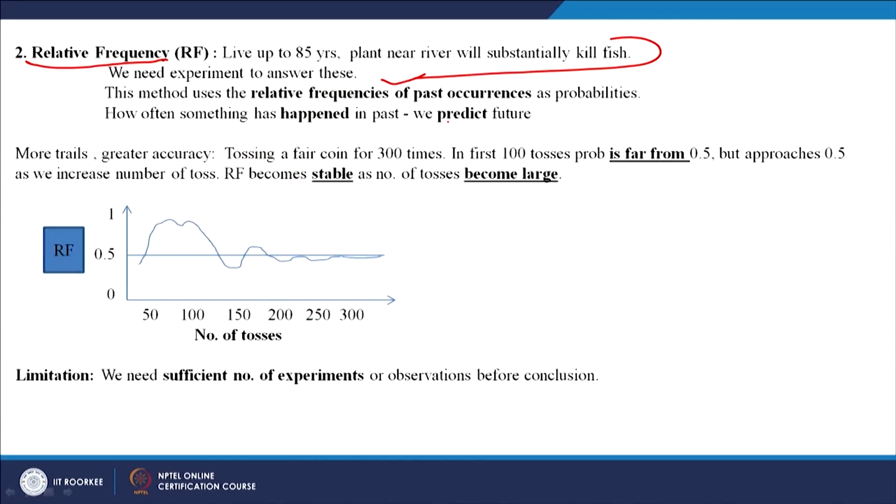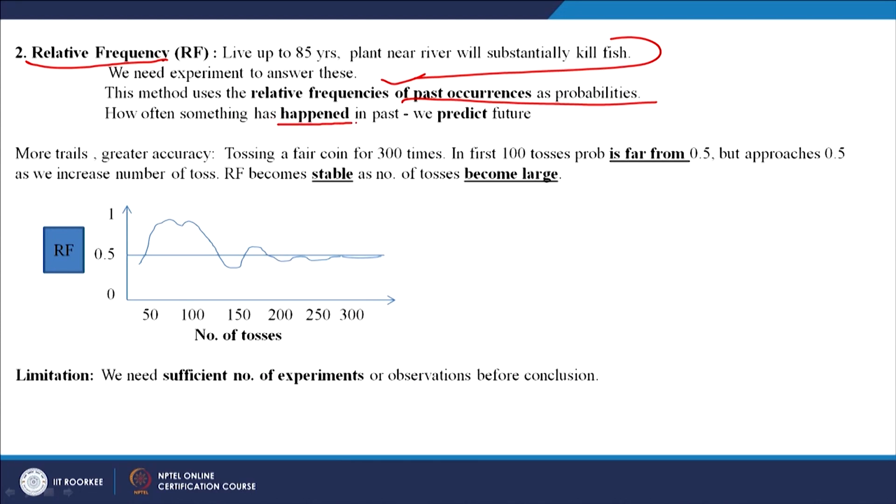So, this method uses relative frequencies, or you should have some past data. If you have past data, you can predict the future on the basis of past data. How often something has happened in the past, we will predict the future on the basis of that. So, the relative frequency approach is based on past data, or you need to perform an experiment.